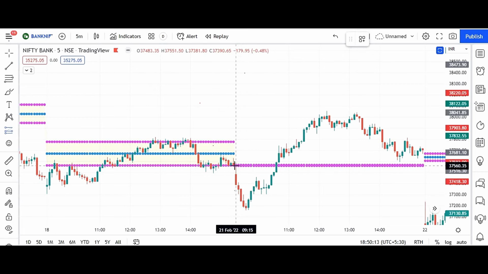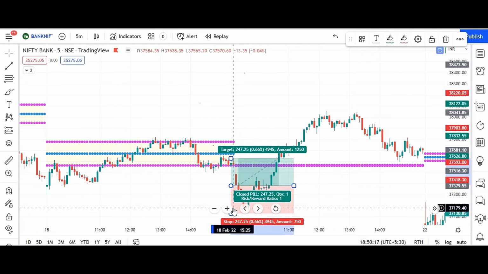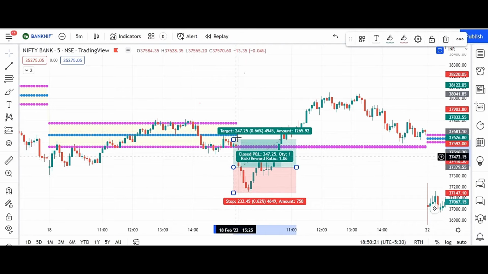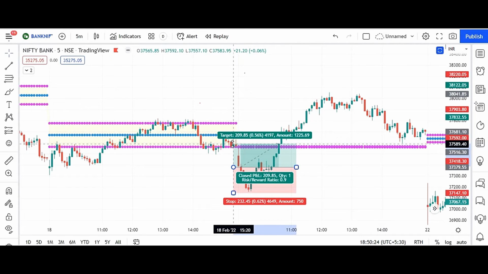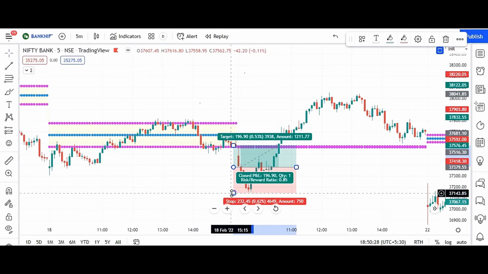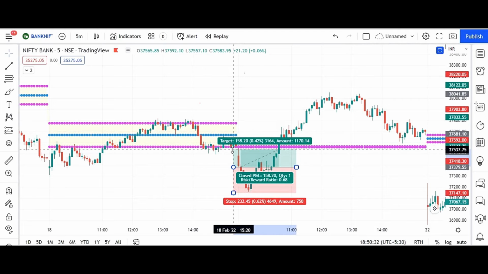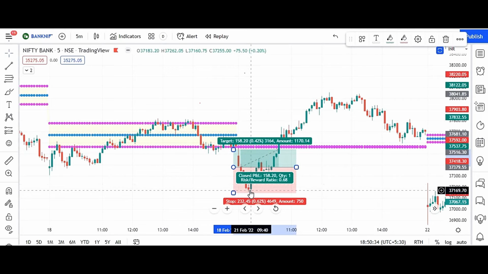This is formed just close to this one, so we take entry on this particular candle by closing. Thus you can take entry on this opening. Stop loss should be just above this CPR, and your target would be some 1:2. Else, if you want to put stop loss like this, you can put stop loss and you can make some.